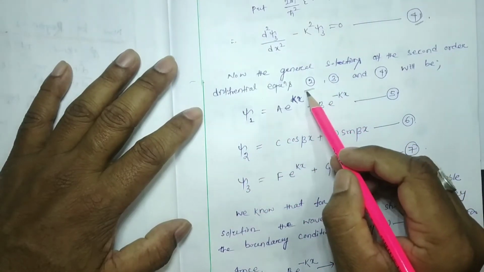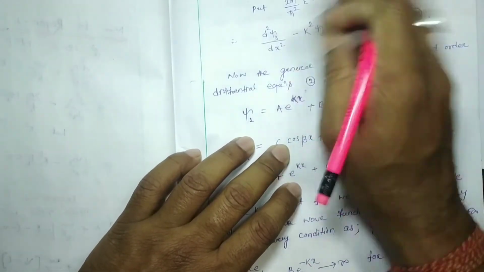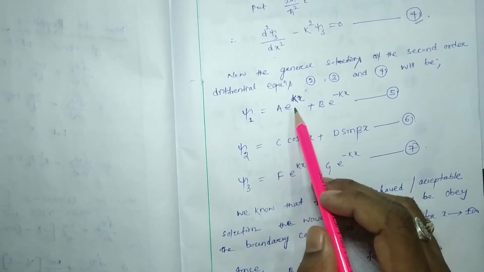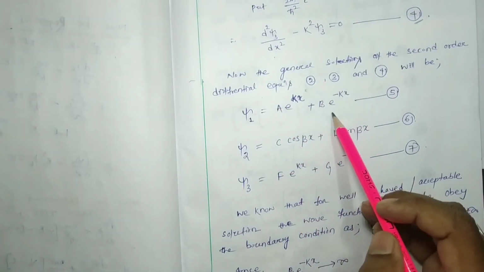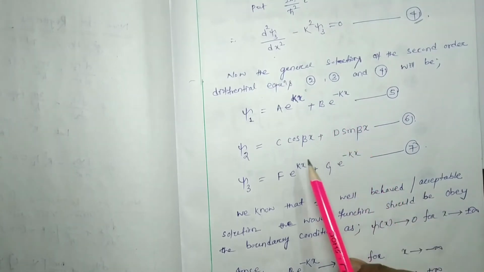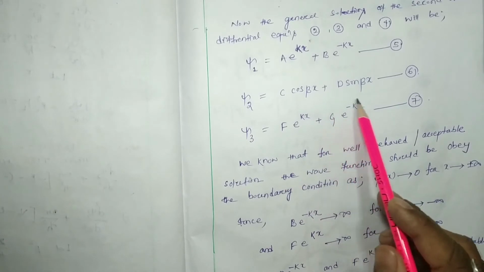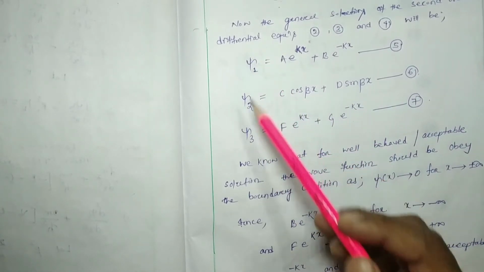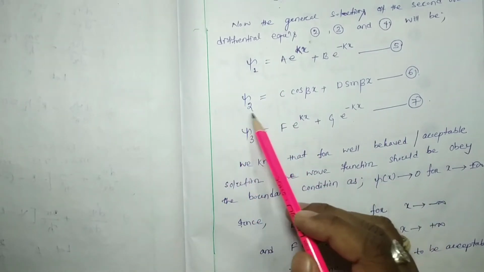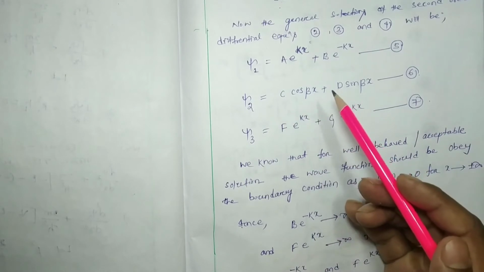It has an exponentially increasing and an exponentially decreasing term. Psi 3 also has exponentially increasing and exponentially decreasing terms. Psi 1 and psi 3 are not oscillatory, but psi 2 is oscillatory because it is in the form of cosine and sine.